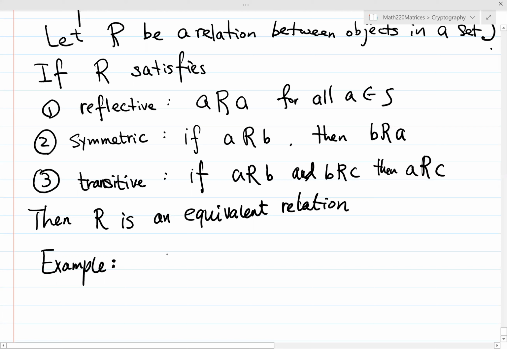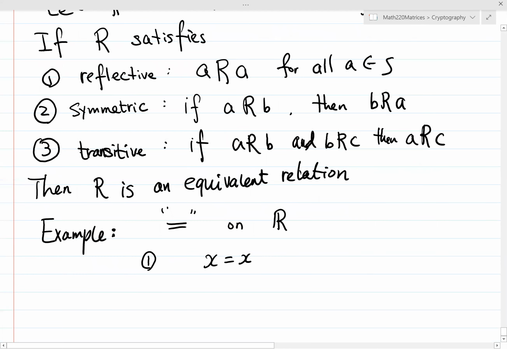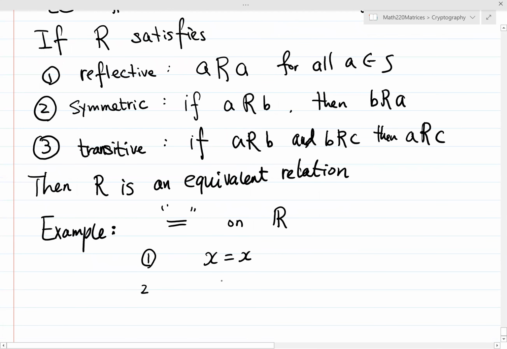Now, equal is an equivalent relation, equal on R. Of course, you check one, any number x equals x, reflexive.